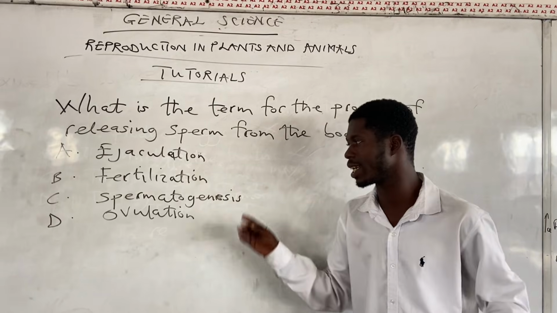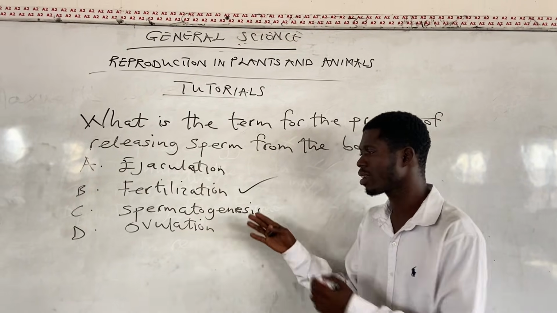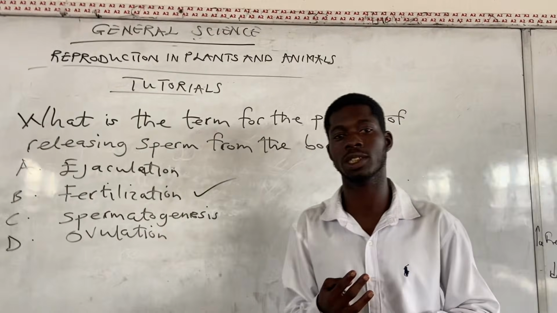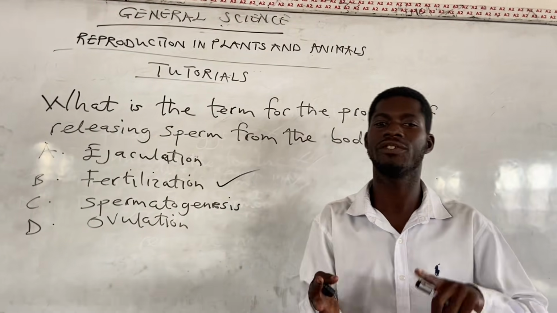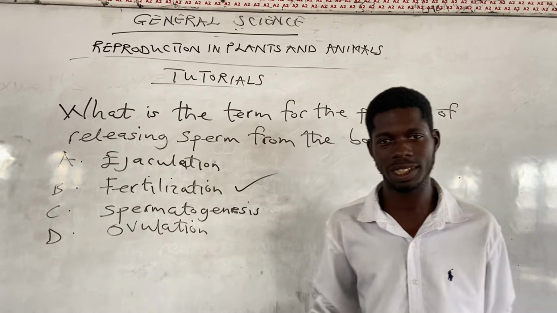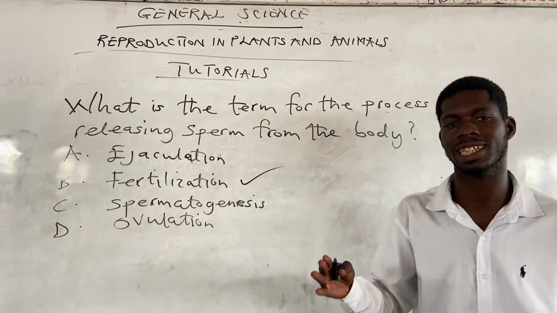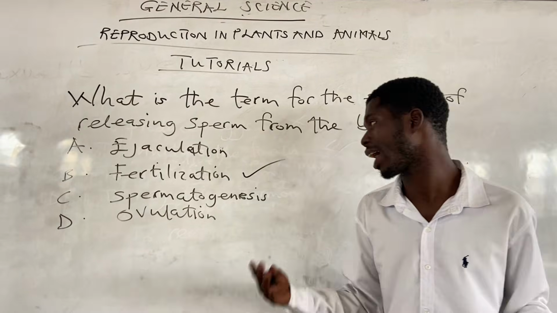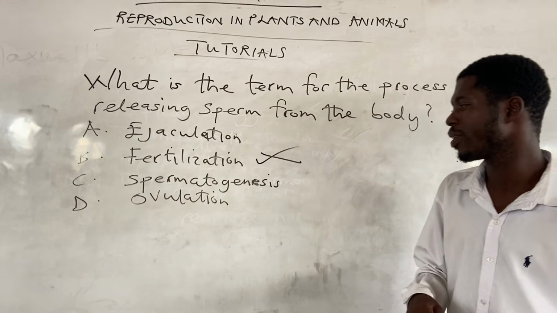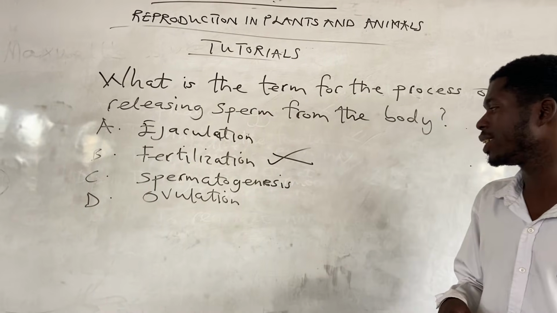So checking the possible answers, we have fertilization. We know that fertilization is the fusion of the male sex cell, the sperm, and the female sex cell, the egg, to form a zygote. So that is not the right answer. Okay, then we have spermatogenesis.